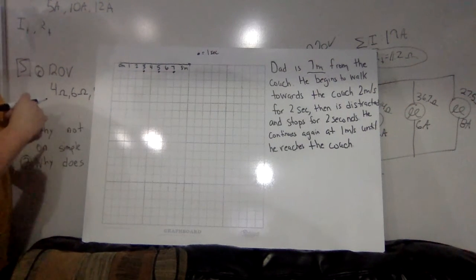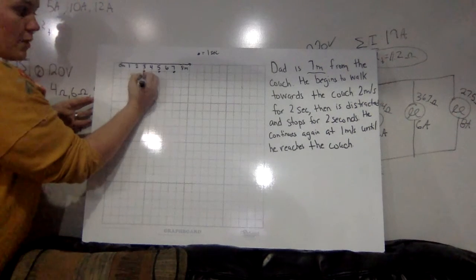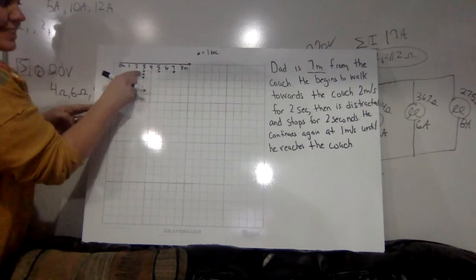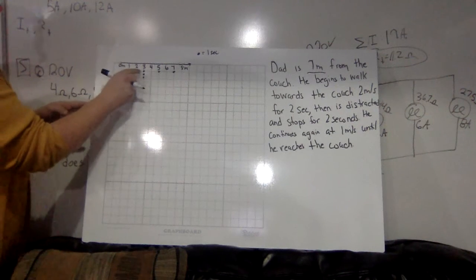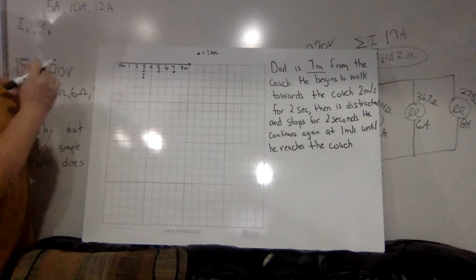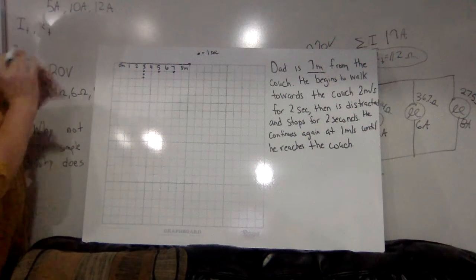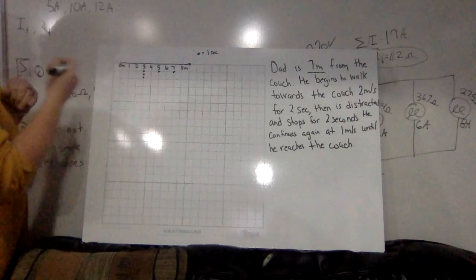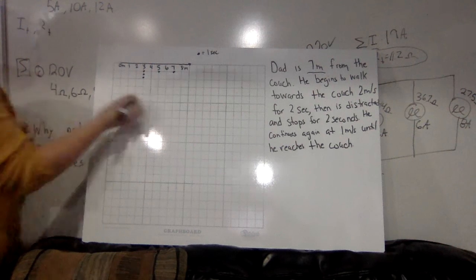And then it says that he stops for 2 seconds. So 1, 2. His distance has not changed because he's not moving, but time still happens. Time can't stop. Okay, he's got it back together. His favorite show's coming on, so he's going to keep going towards that couch at 1 meter per second until he hits it.